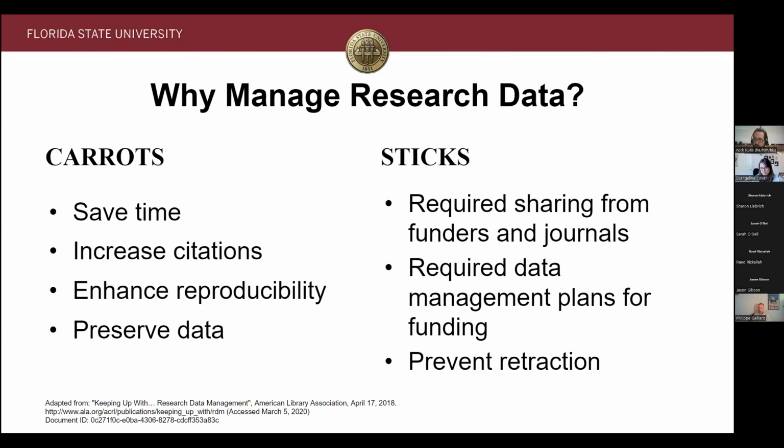And to go along with that, they require these data management plans where you outline how you're going to share your data, how you're going to work with your data throughout that research project. Accessible data also protects from retraction. If all of that data can be tracked throughout the project, you don't end up with any missing data or data that can't be found later on.